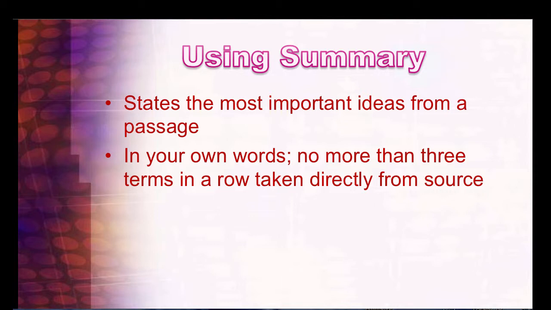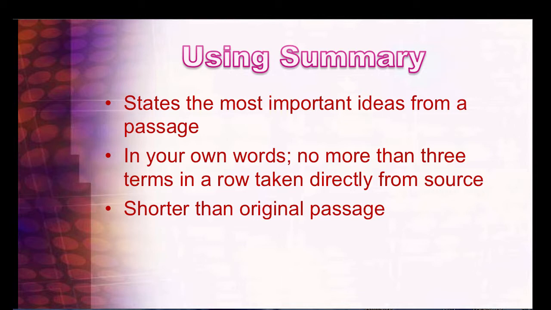A good way to make sure that you aren't accidentally borrowing language from a source, which is very easy to do, is to read the passage that you want to summarize and then turn the article over or minimize it on your screen and write the summary yourself. Don't have the source in front of you while you're writing the summary. And then go back and check your summary against the original source to make sure that it's accurate.